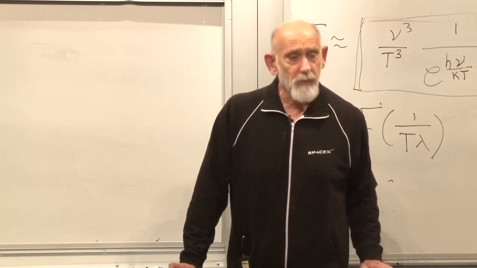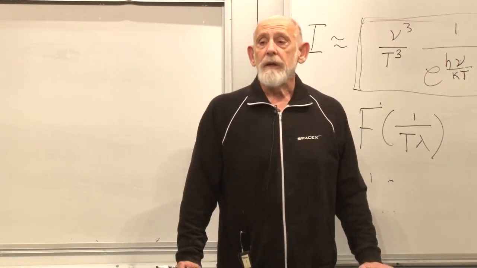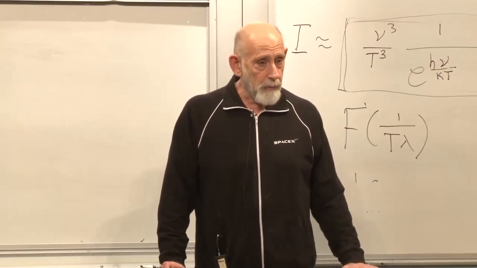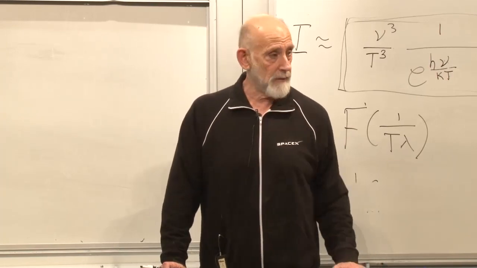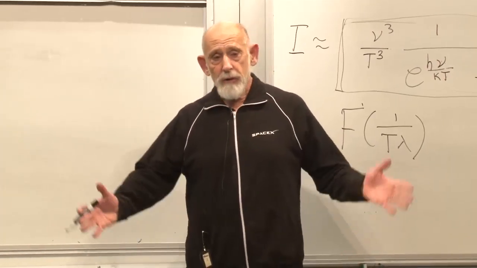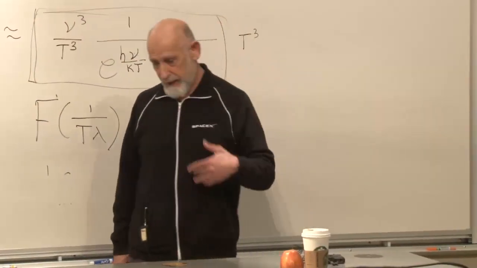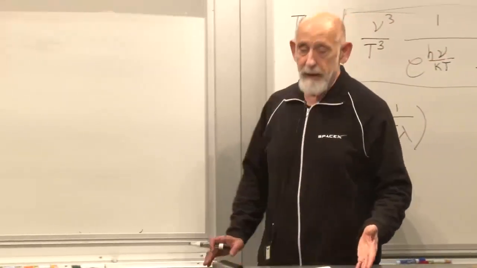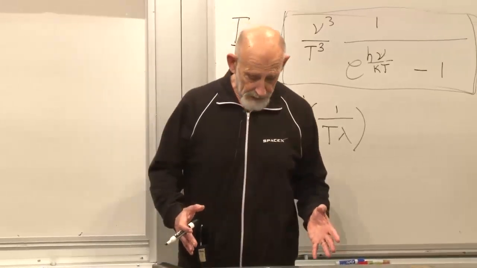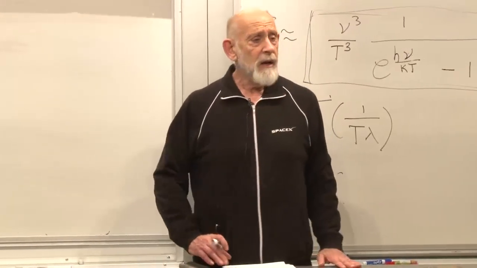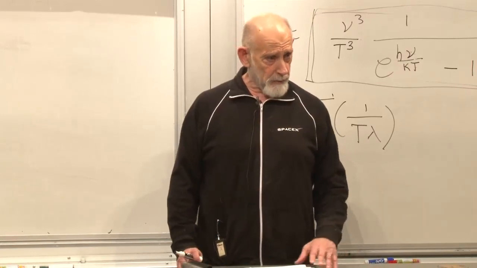Okay, so what happens? The radiation decouples from the atoms. The atoms go their own way. Who knows what happens to them? Their temperature may also go down. The temperature of the radiation goes down, but it doesn't really stay in thermal equilibrium.